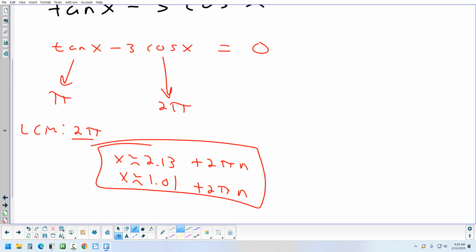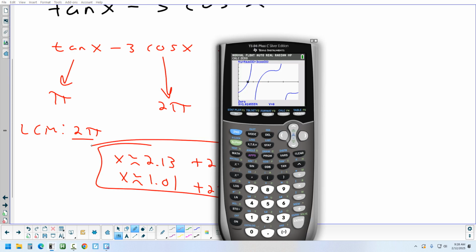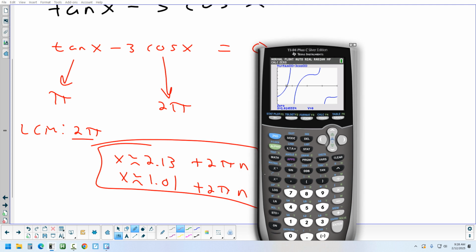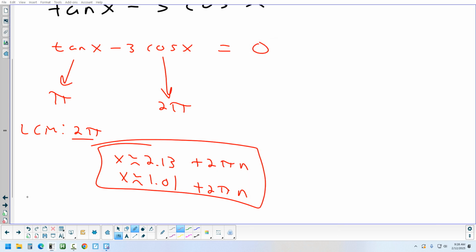So you can add any multiple of the period to the first two answers you found, and you could get another answer in a later or earlier cycle. And these are two distinct answers. If you add 2 pi to the top answer, you do not get the bottom one. They're totally separate answers, not repeats. Okay, questions on that?